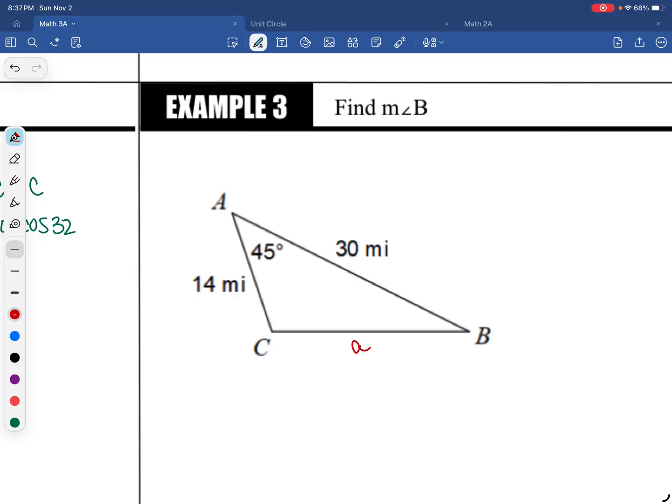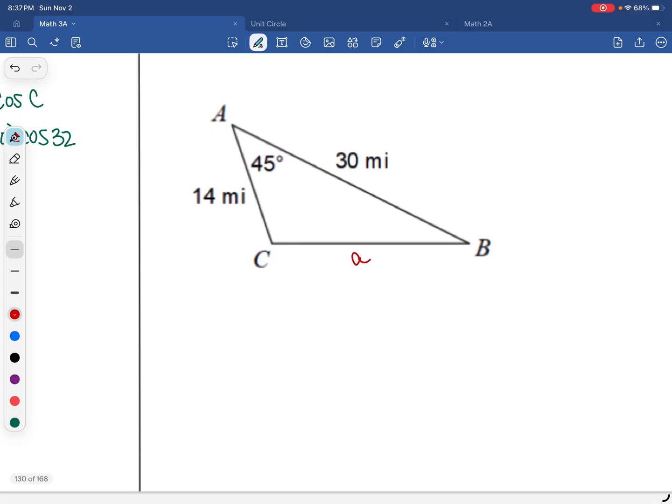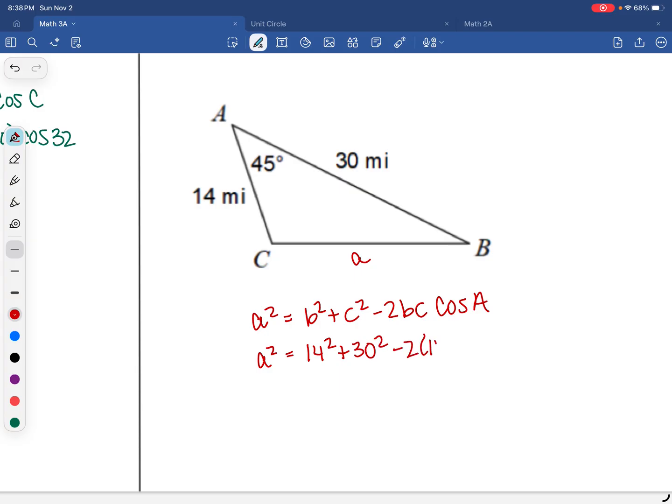So we've got, let's see, where do I want to write this? Right here. We've got a squared equals b squared plus c squared minus 2bc cosine A. This is the formula that we're going to use. So a squared is 14 squared plus 30 squared minus 2 times 14 times 30.